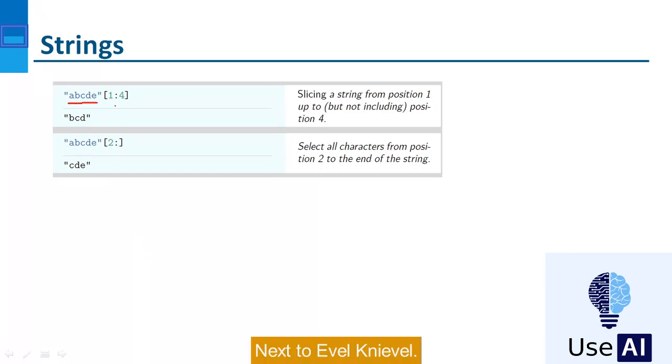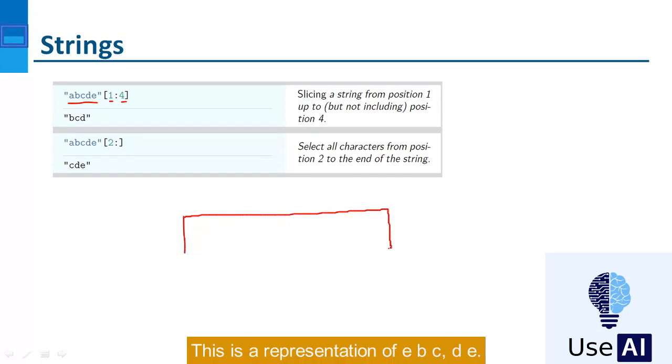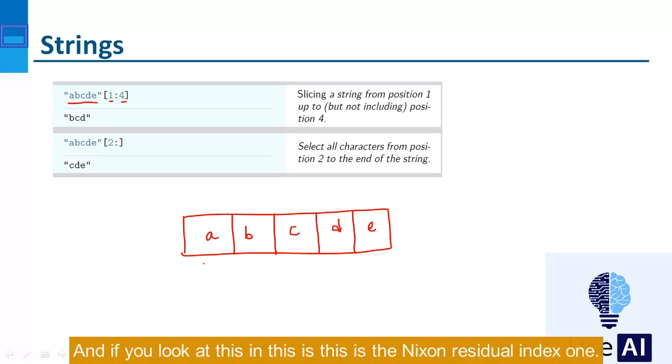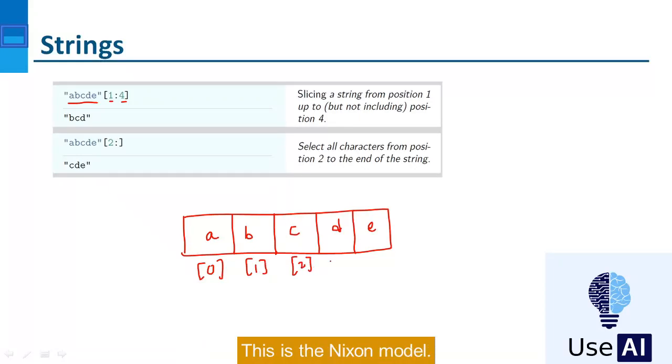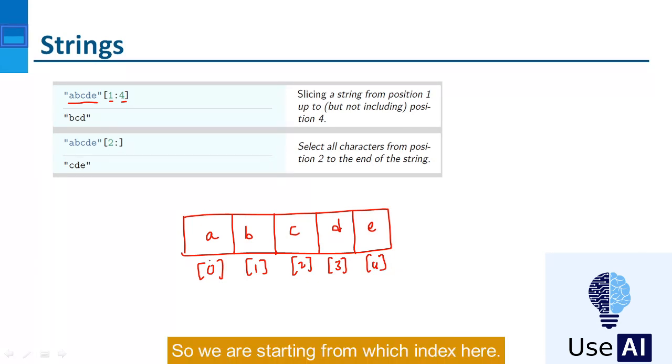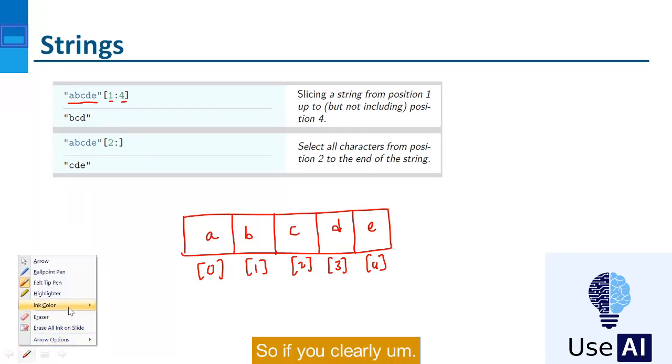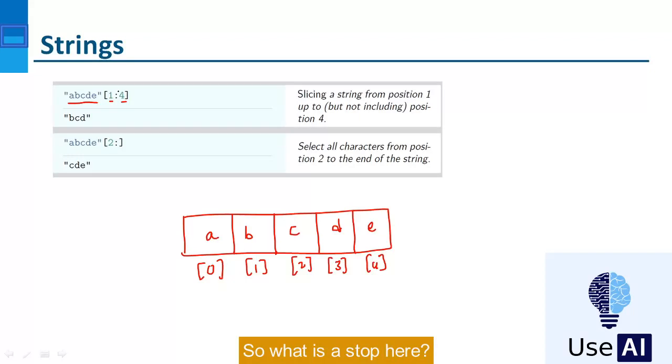Next, ABCD of 1:4. So let me denote here. This is the representation of A, B, C, D, E. And if you look at these indices, this is index number 0, index 1, this is index number 2, this is index number 3, and this is index number 4. So we are starting from which index here? If you clearly observe, this is representing start.